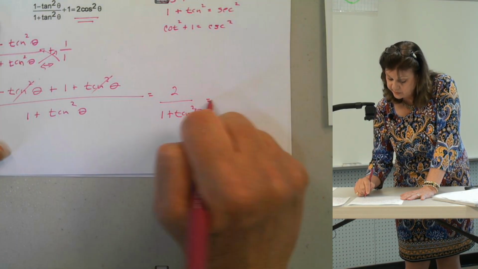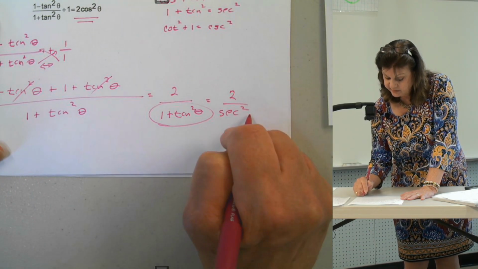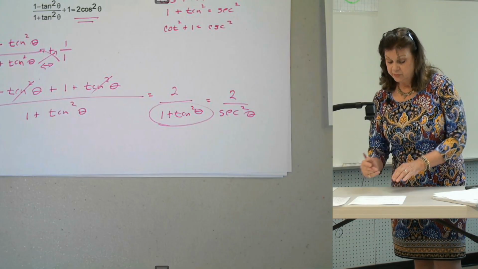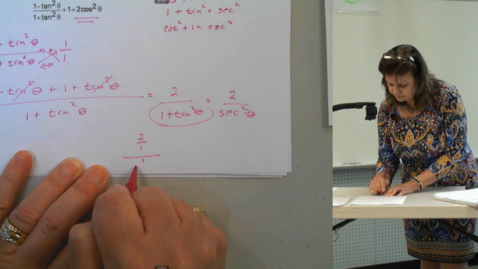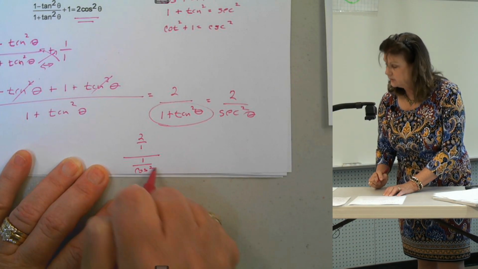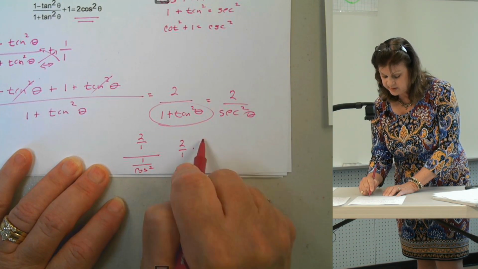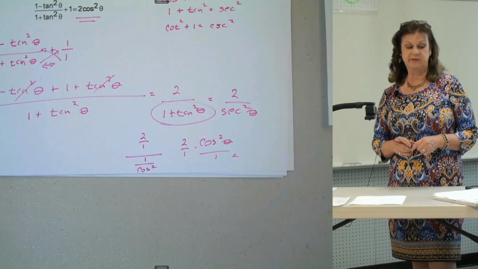So what I know now, this is secant squared theta, and secant is 1 over cosine. So let me just run through the mechanics of this. We're going to flip and multiply. So I've got 2 over 1 times cosine squared over 1, giving me the answer I was looking for.